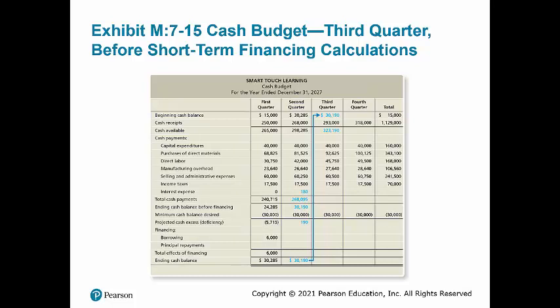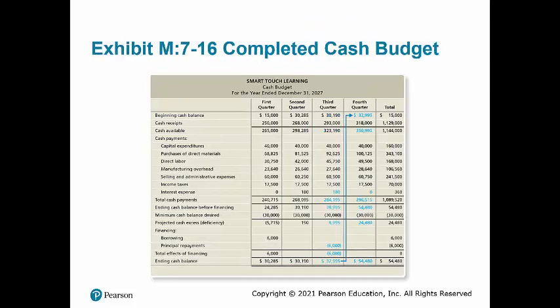We can see at the end of the second quarter the cash balance is $30,190, and that becomes the beginning cash balance for the third quarter. Now we can see the completed cash budget for Smart Touch Learning. In the third quarter, Smart Touch Learning would still owe $180 in interest expense on the $6,000 outstanding amount borrowed in the first quarter because they have not been able to pay that back.